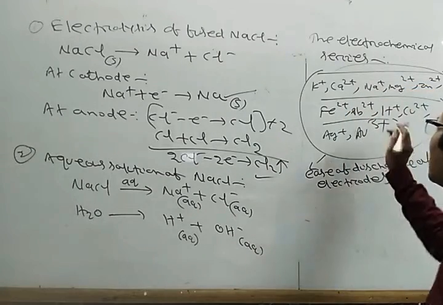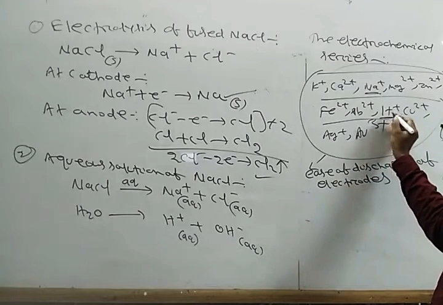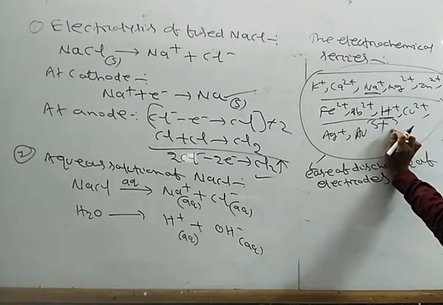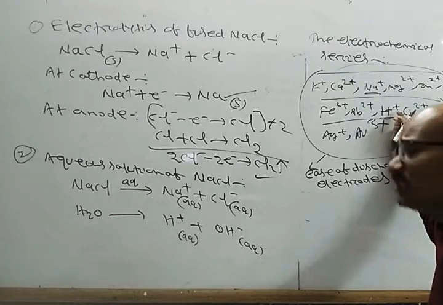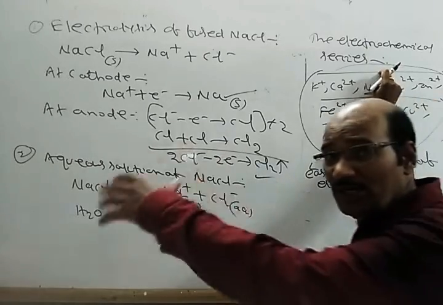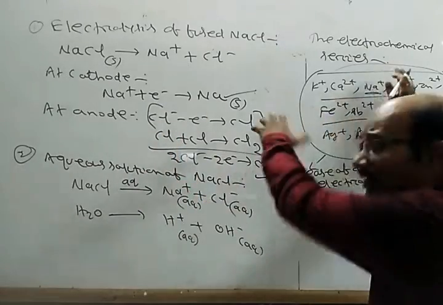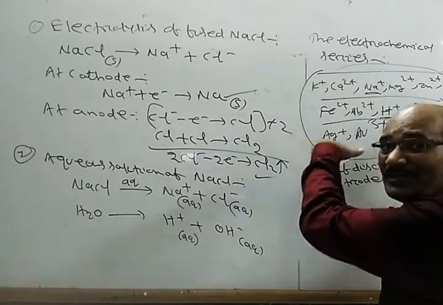So here, if I say Na+ and H+, H+ has a higher reduction potential as compared to Na+. From the electrochemical series, I have arranged the increasing order of ease of discharge.